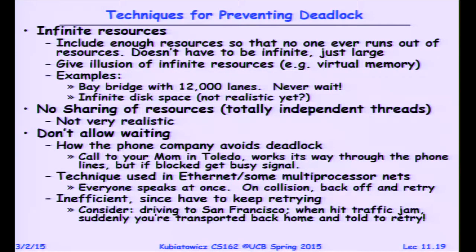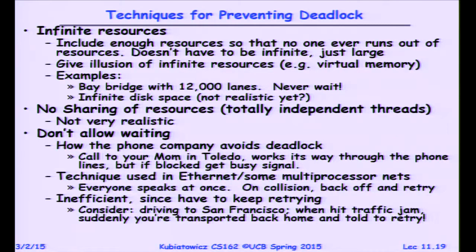And so there is no way to get a deadlock cycle in a telephone network. Okay? And this is also a technique used in some of the Ethernet networks and some multiprocessor networks. It tends to be inefficient if you use it on a large scale because you keep retrying. Try again.